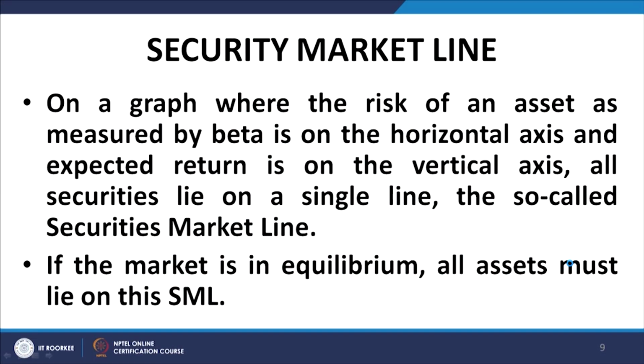On a graph where the risk of an asset as measured by its beta is on the horizontal axis and the expected return is on the vertical axis, all securities lie on a straight line. This is called the security market line.